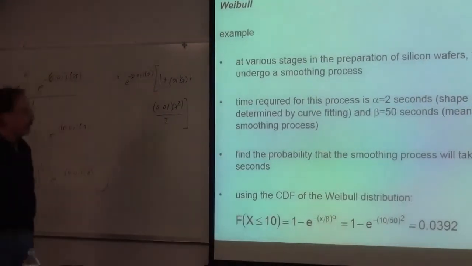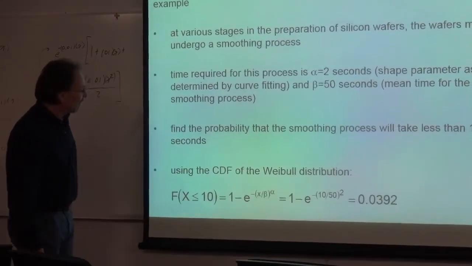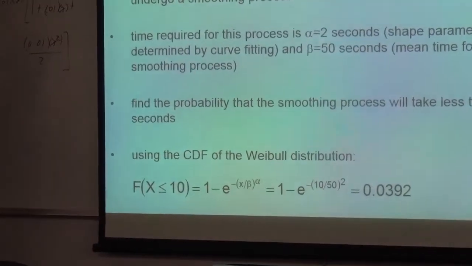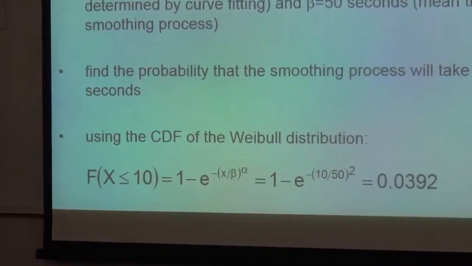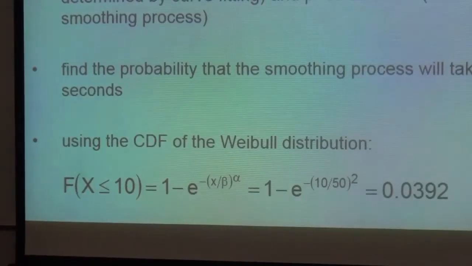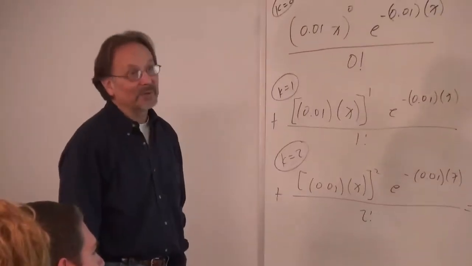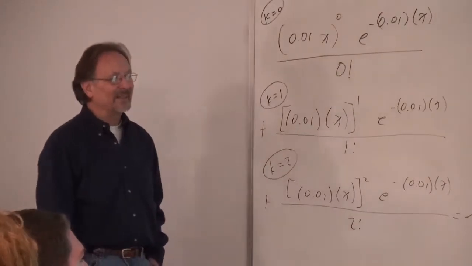And again, the reliability here is 1 minus this. So the probability of failure is 0.03, let's call it 0.04, and the reliability is 0.96, with good reliability over 10 seconds. The probability that it'll take less than 10 seconds is 0.04, the probability that it'll take more is 0.96, sorry.